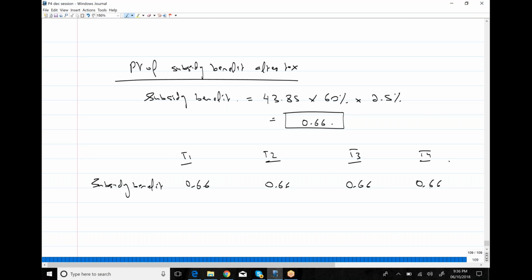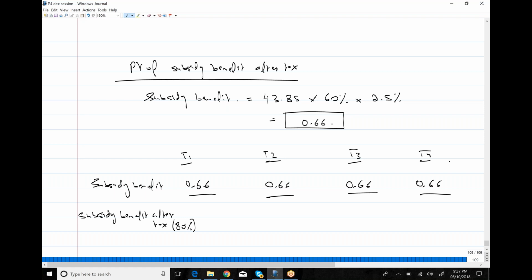Now next I will compute subsidy benefit after tax. In order to do after tax, just take 80% of this, right? You're paying 20% tax.